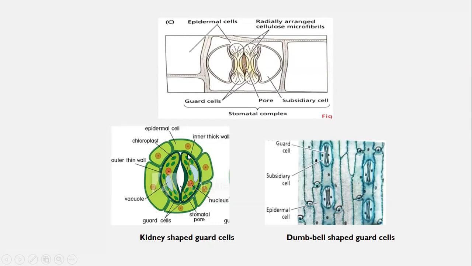Guard cells are distinct from the neighboring epidermal cells by having chloroplasts, vacuoles and other organelles. These bean-shaped guard cells are very common in plants, but here you can also see dumbbell-shaped guard cells, especially in grasses.